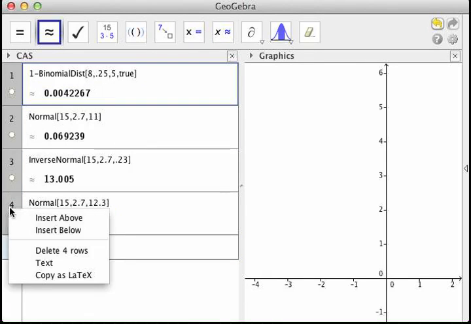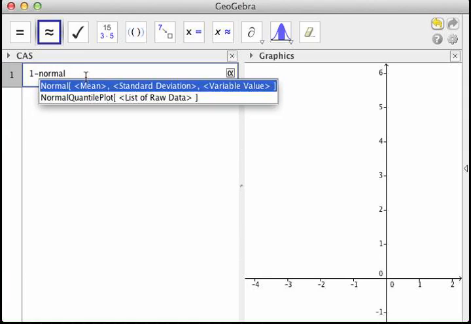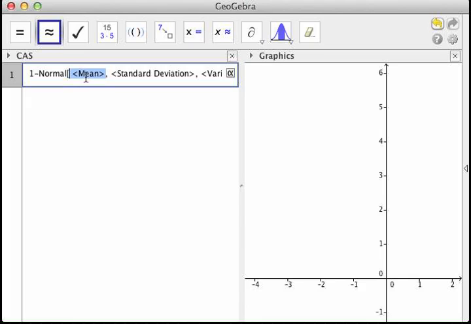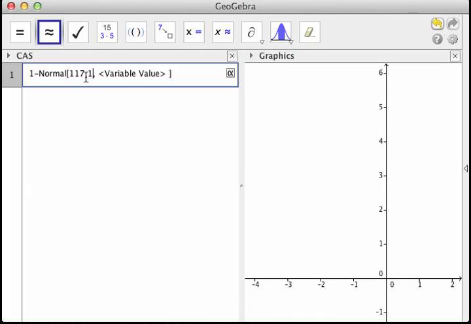And we can delete some of this stuff and just put that in. 1 minus normal with a mean of 117, a standard deviation of, what was the standard deviation? Standard deviation was 16.4, and the variable is 130.